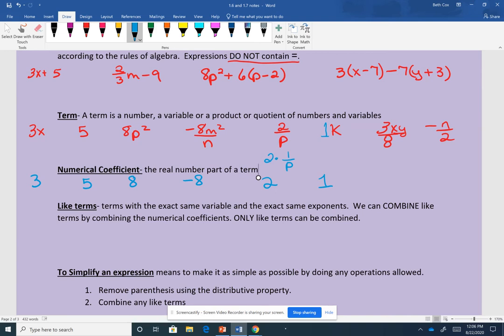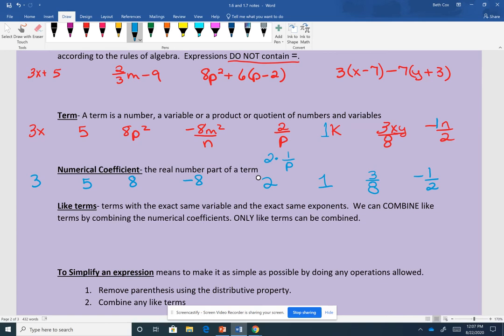For the next one, the 8 is part of the number part, so the numerical coefficient would be 3/8. And just like on the k, there's a 1 right here as well. So the numerical coefficient for negative n over 2 would be negative 1/2, because that 2 is also part of it. Those are the numerical coefficients of terms. With fractions and terms without visible numbers, you've got to get tricky. But this is extremely important because we have to know what those numbers are.